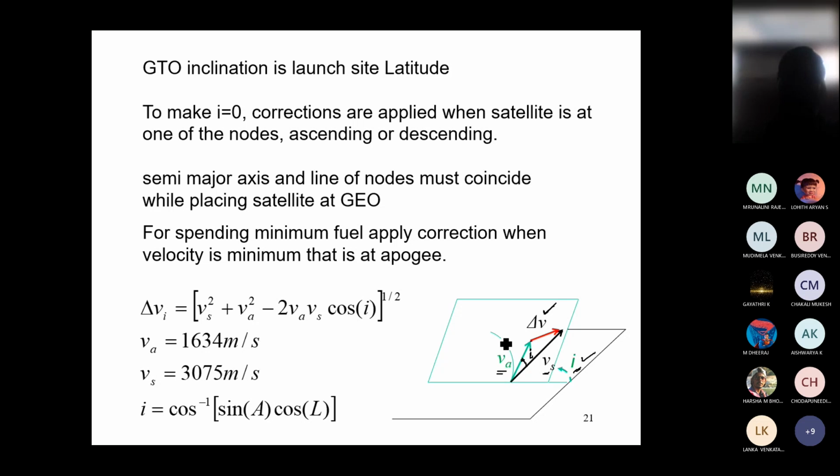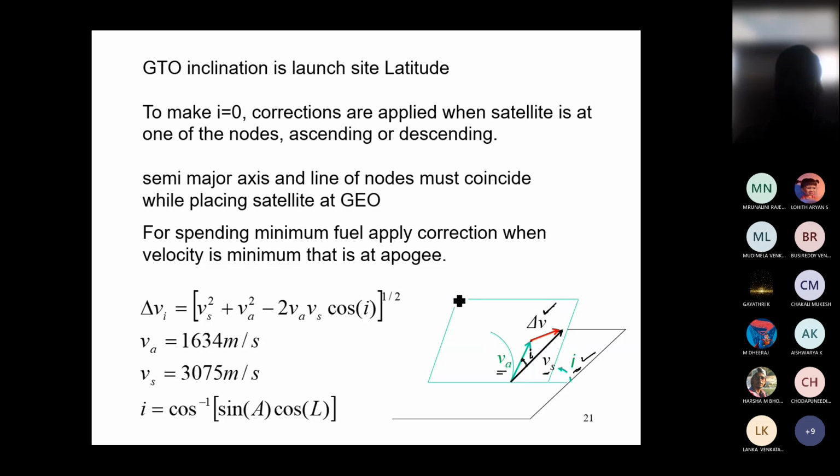All right. Now, what is the value of Va? At what velocity is it moving in that orbit at an inclination angle? Where is the satellite moving?